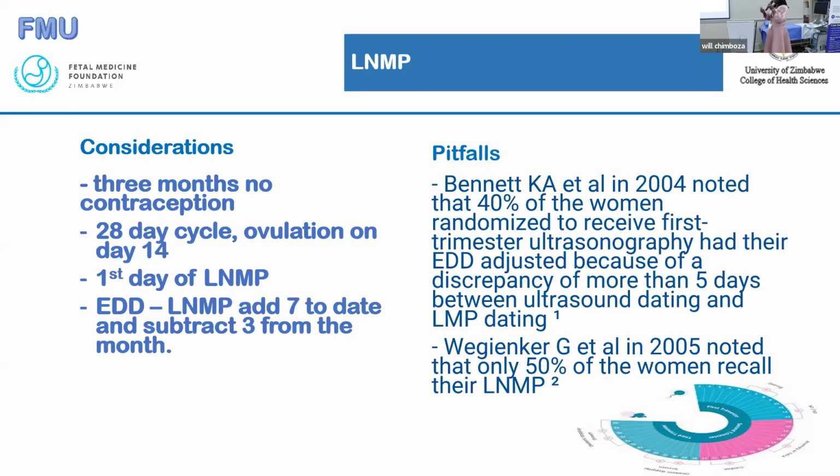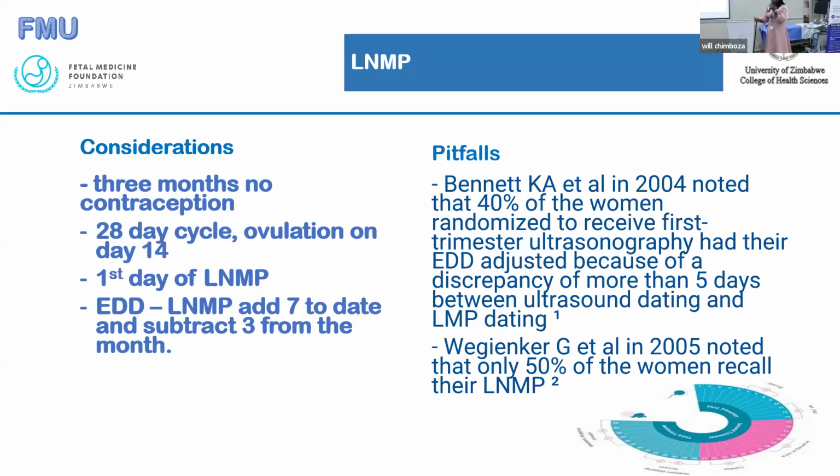The patient should have had 3 normal menstrual cycles before falling pregnant. It's based on the assumption that the woman is having a 28-day cycle with ovulation occurring on day 14. Hence, the period of gestation is calculated as 280 days from the first day of the last normal menstrual period. So we are referring to the first day, not any other day.